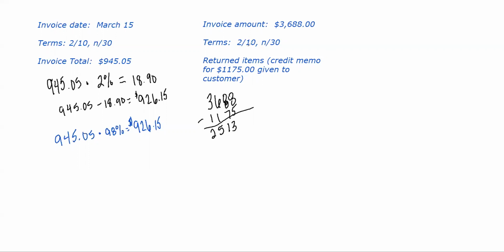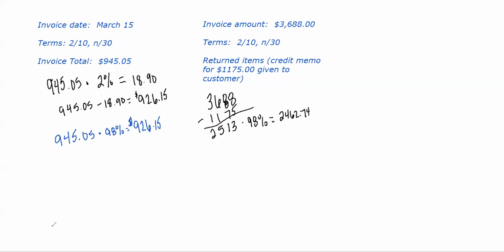This has 2% at 10 days and then the full amount at 30. So I'm 2% discount, which is a 98% complement. So I'm going to multiply this by 98%. And that's going to give me my invoice amount, if I pay it early, $2,462.74, which is a $50 savings. So that would be how you do it if yours is a return item.